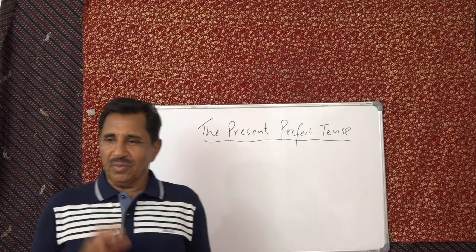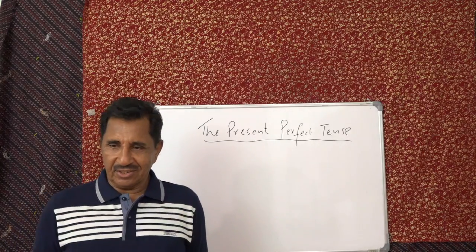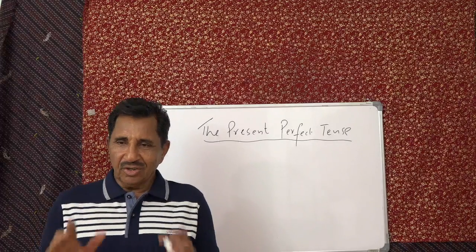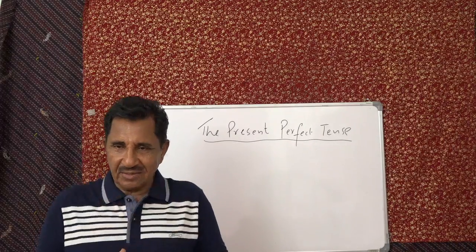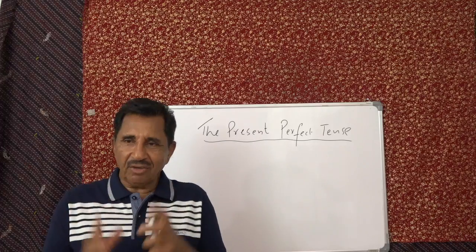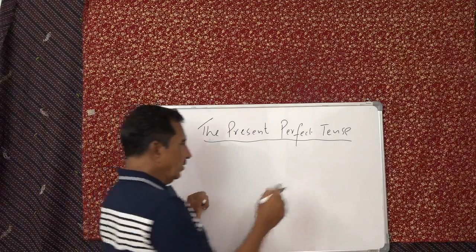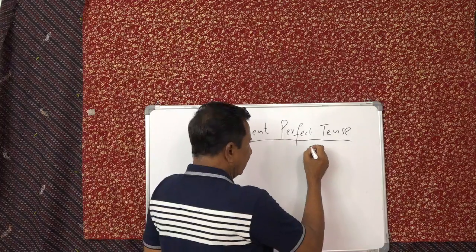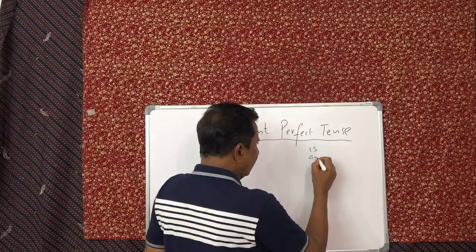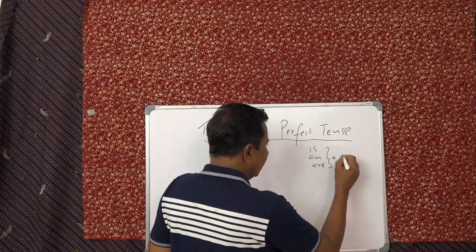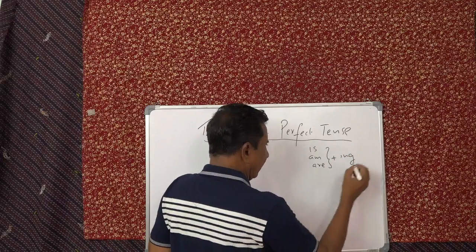Now, when you study a tense, the first step is the form of the tense. Every tense has a form. For example, continuous tenses: you have is, are plus ing form of the verb.